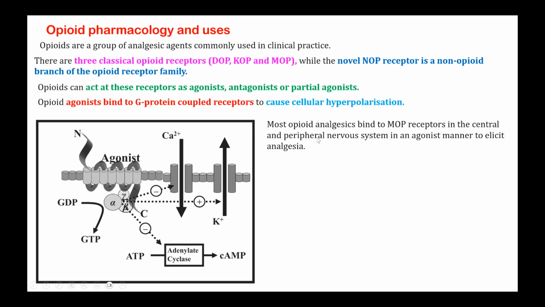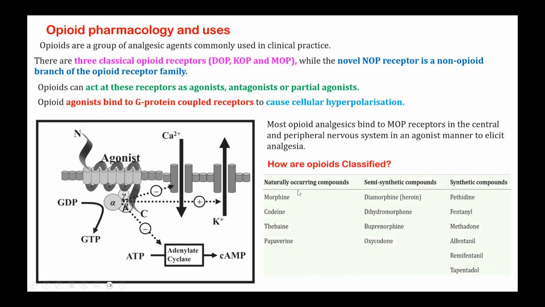Most opioid analgesics bind to the mu receptor, the MOP receptor. That is the major analgesic component of the opioid receptors. They can be classified based on their availability, whether they are naturally occurring, semi-synthetic, or synthetic. And these are all the examples of that.